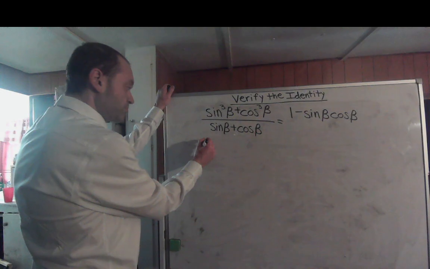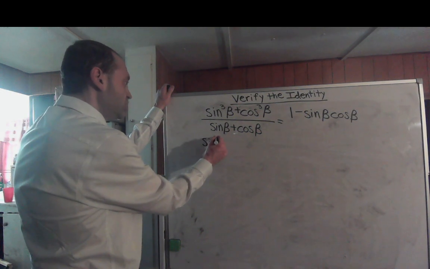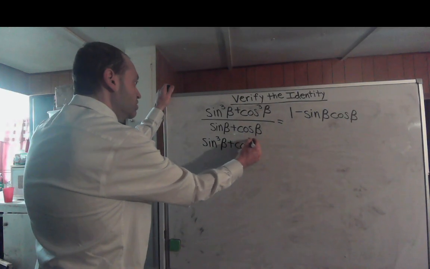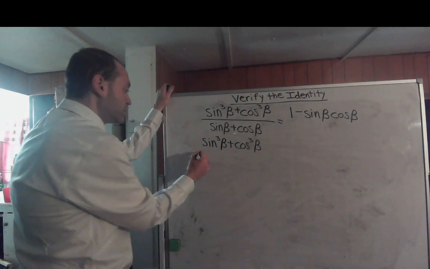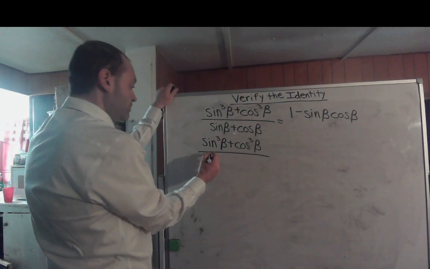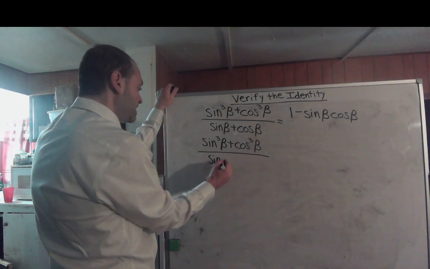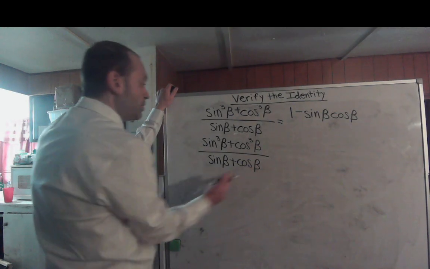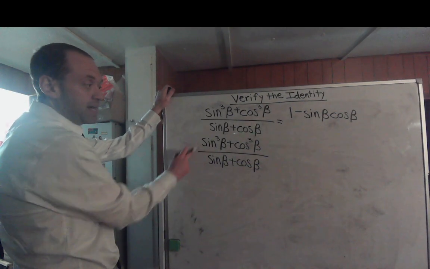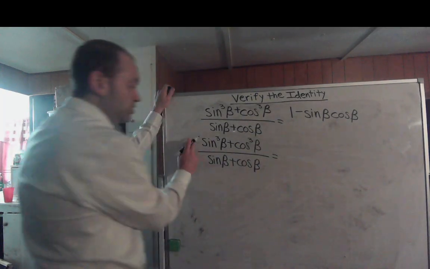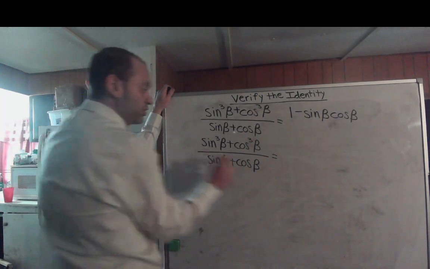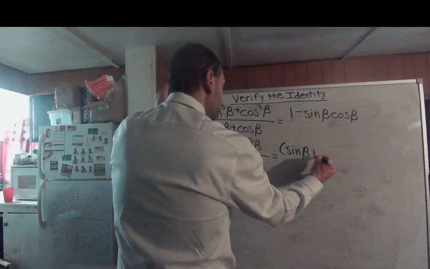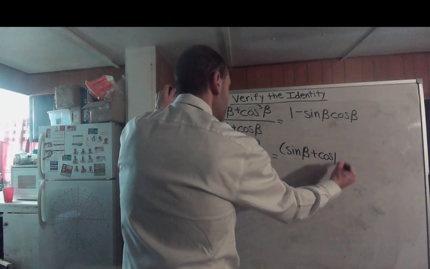All right, this one won't be so bad either. So write out your left-hand side. So the sine cubed of beta plus the cosine cubed of beta all over the sine of beta plus the cosine of beta. Okay, well, again, we're factoring cubes. So in the numerator, take the cube root of both terms, you'll get the quantity of sine of beta plus cosine of beta.